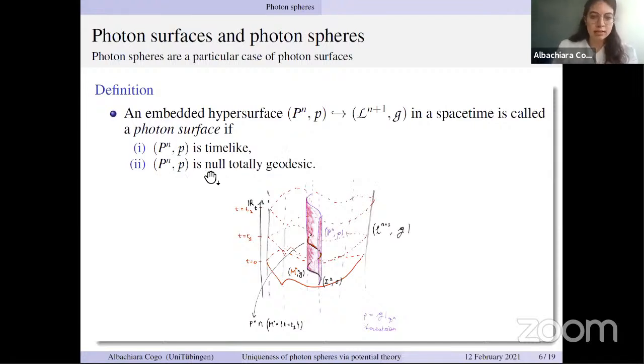And then it is null totally geodesic, which trivially means that every null geodesic that at some point is tangent to it remains tangent to it. And this corresponds to being totally umbilic inside our spacetime. And to have a physical intuition of it, it means that light, so photons, whose trajectories are identified by null geodesics, are trapped in these surfaces.